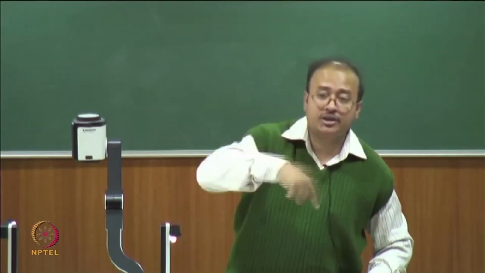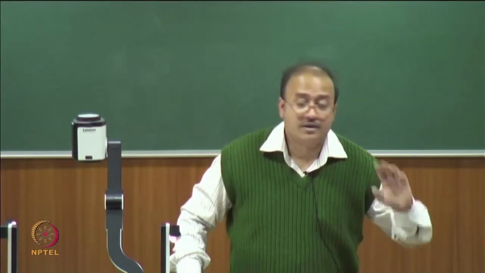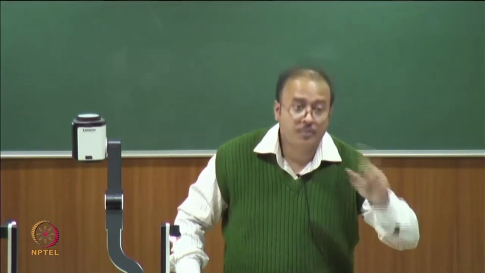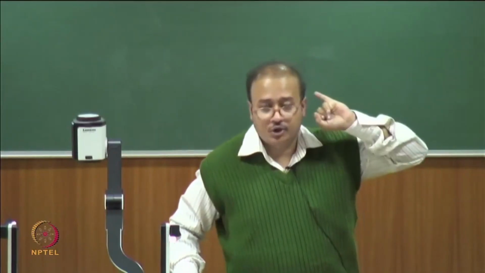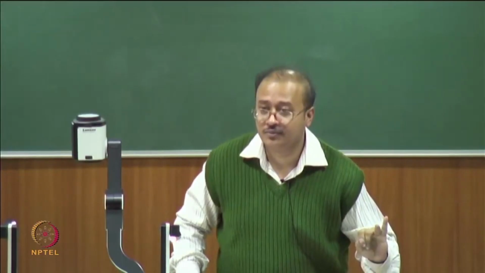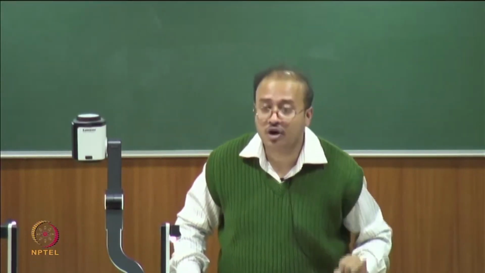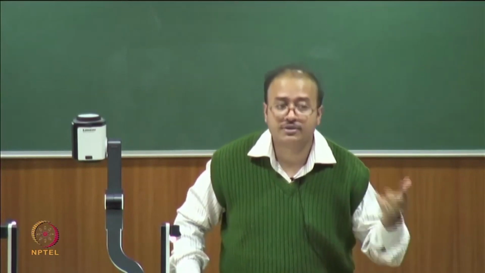Why? Because it is fluctuating in every direction, it is a random force, right. And obviously a Brownian particle is going to experience this random motion. It is also going to experience one more thing. What is that? Friction.